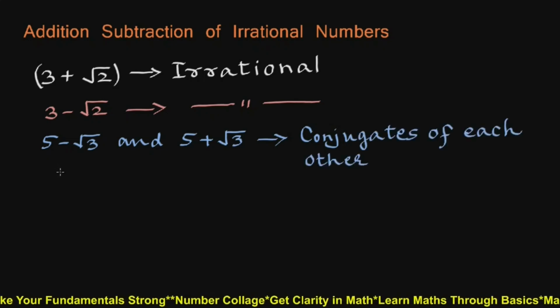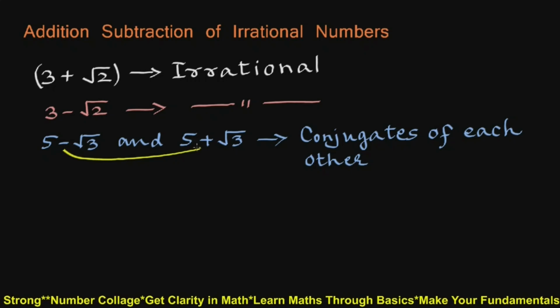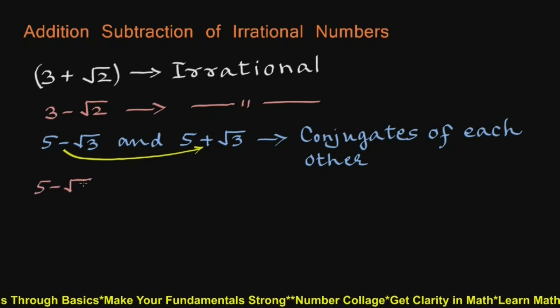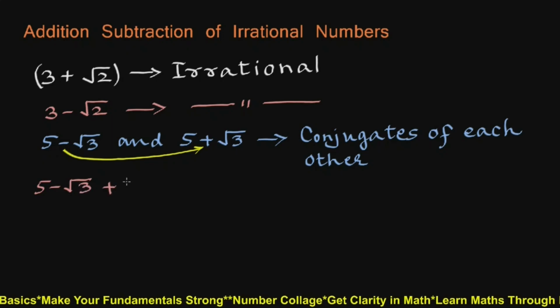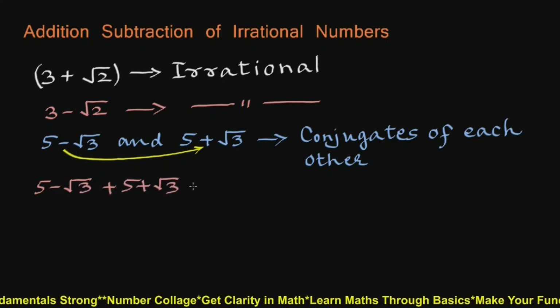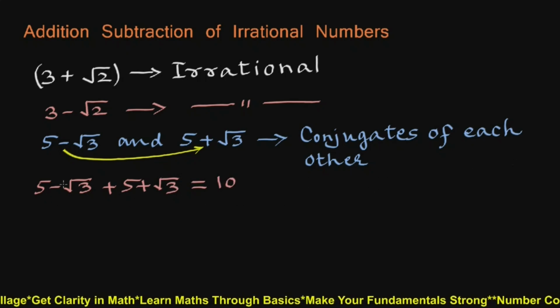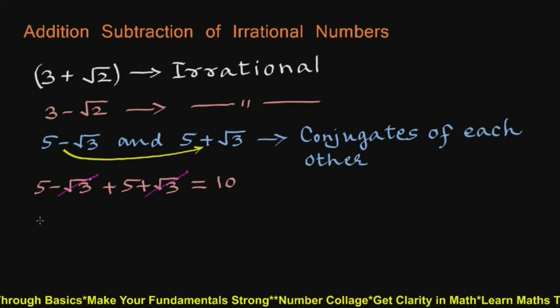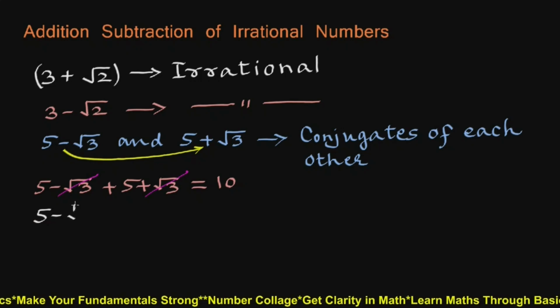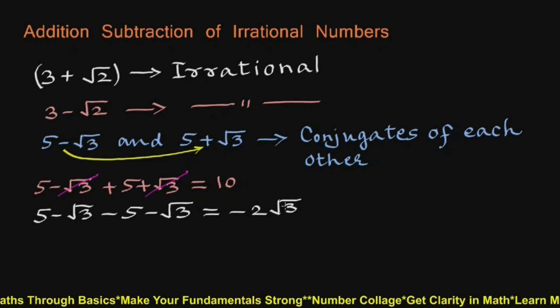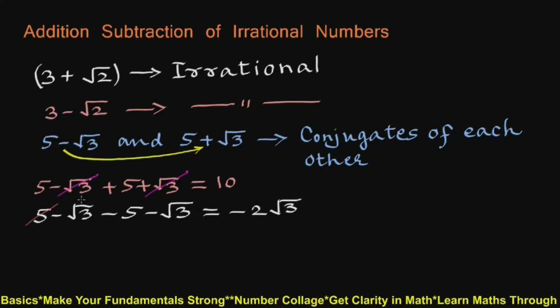Conjugates are obtained by changing the sign of the irrational part. Adding conjugates, 5 minus root 3 plus 5 plus root 3 gives us 10, a rational number after cancelling root 3. But subtraction of conjugates gives us an irrational number, minus 2 root 3, after cancelling 5.